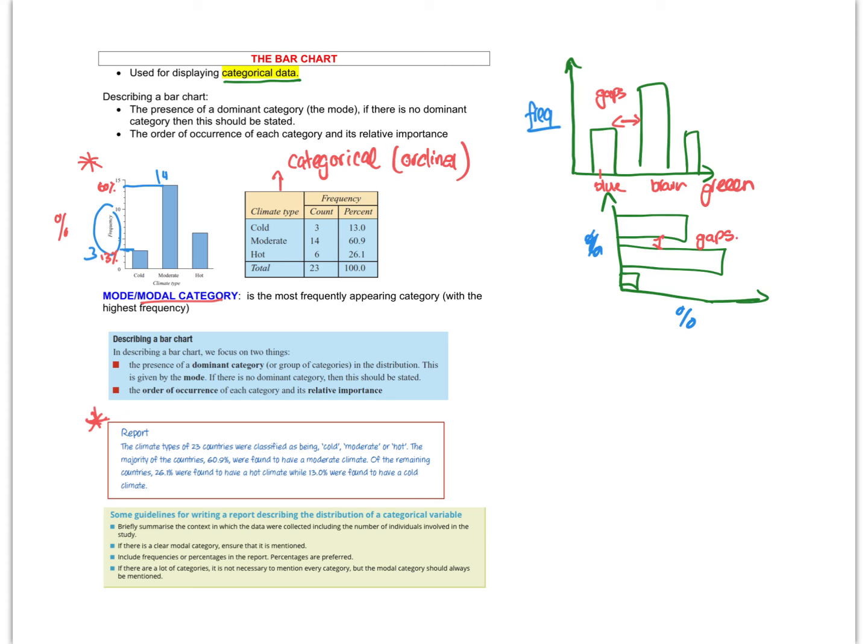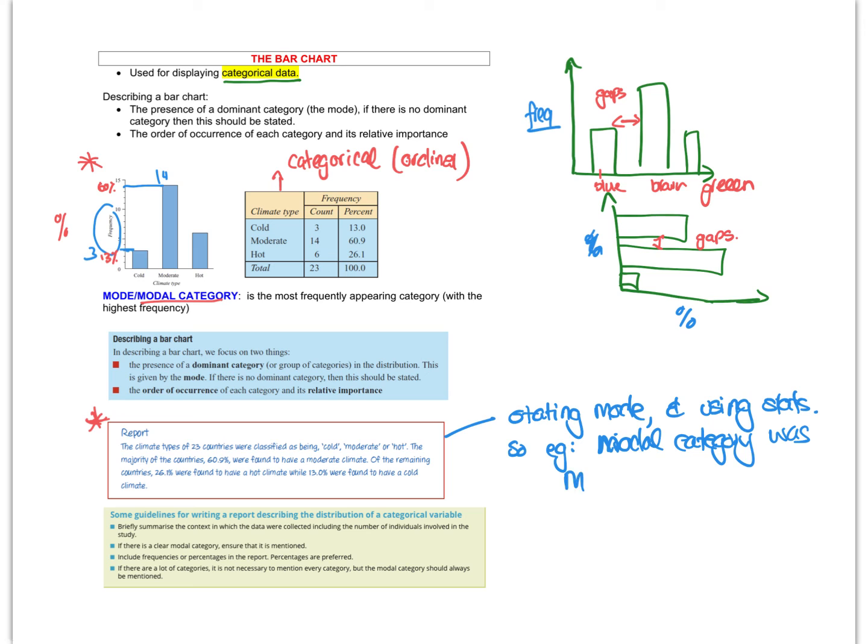The important things in your report are that you are stating the modal category, the mode, and using stats. So, e.g., we might say the modal category was moderate temp with 60.9%.